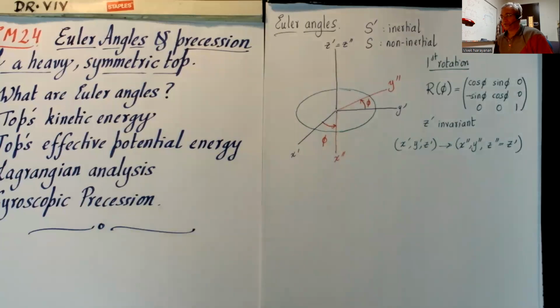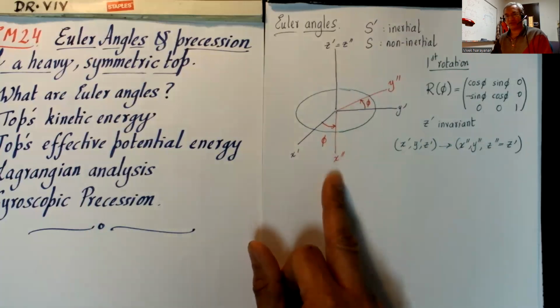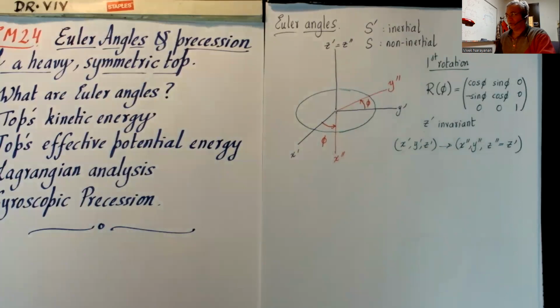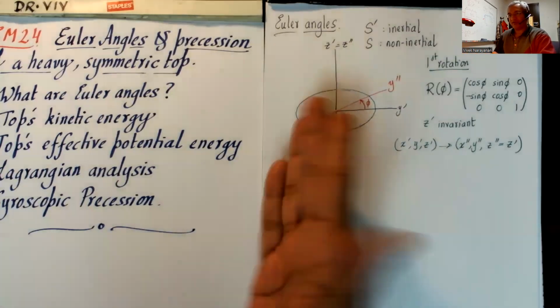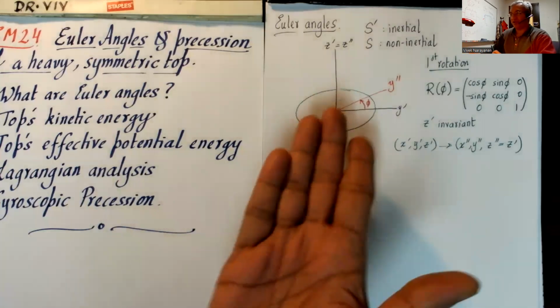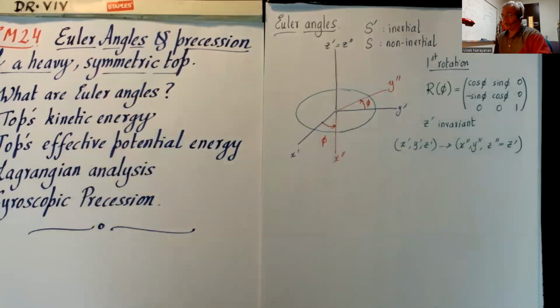Then we're going to follow this by a second rotation. For the second rotation, I want to rotate about the x double prime axis. When I rotate about the x double prime axis, if you imagine this as a plate, the plate gets rotated like that.